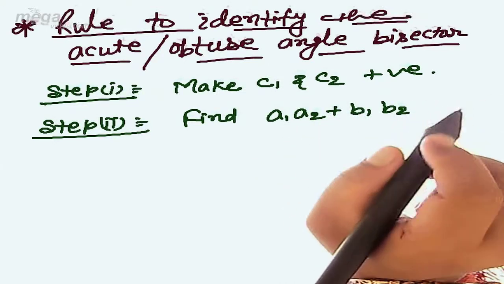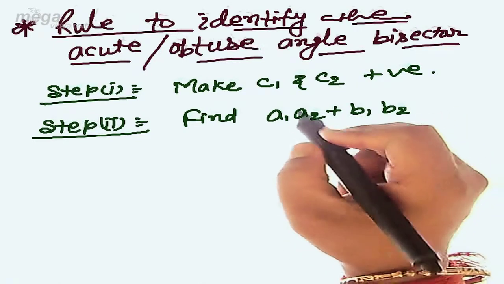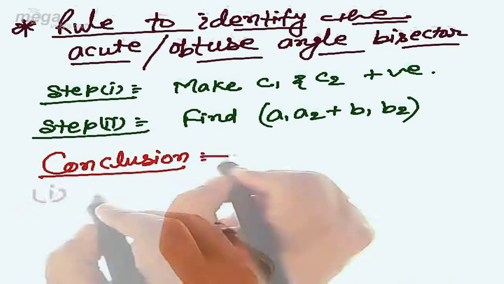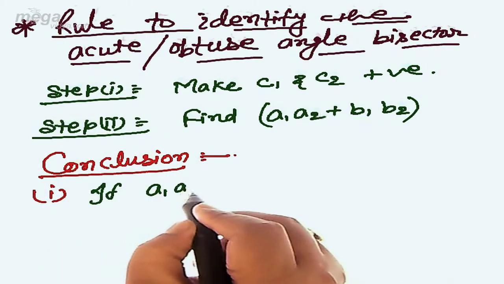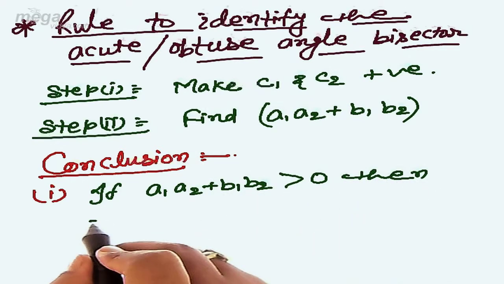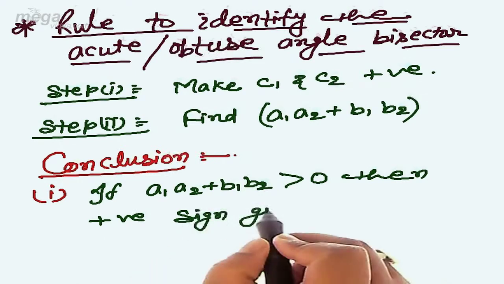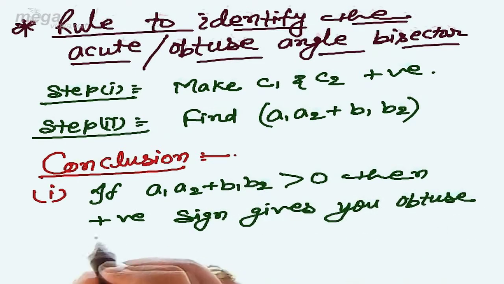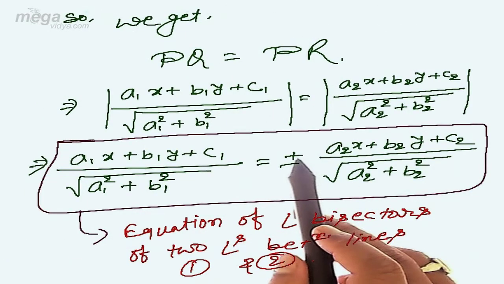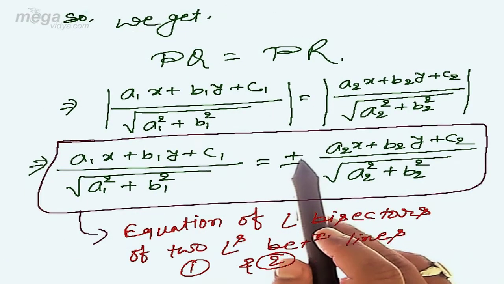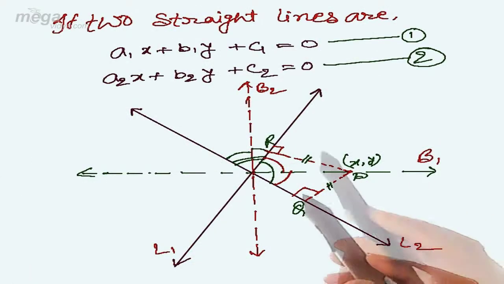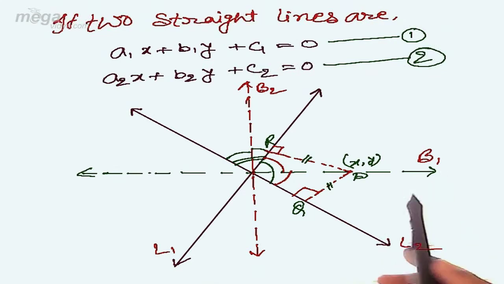After making C1 and C2 positive, we find A1A2 + B1B2. The conclusion is: if A1A2 + B1B2 is greater than 0, then the positive sign gives you the obtuse angle bisector. Means this positive sign will give you the equation of the bisector of the obtuse angle between the two lines, that is this one, using this figure right now.